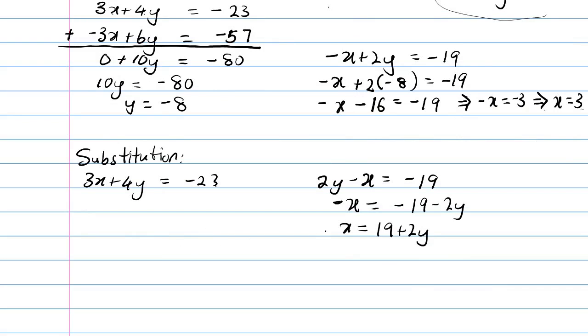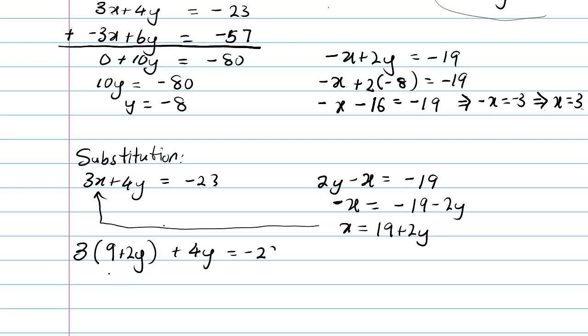Now we go ahead and substitute it over here. That's why we call this the substitution method. So 3 times, instead of x, we will write 19 plus 2y, plus 4y equals negative 23.